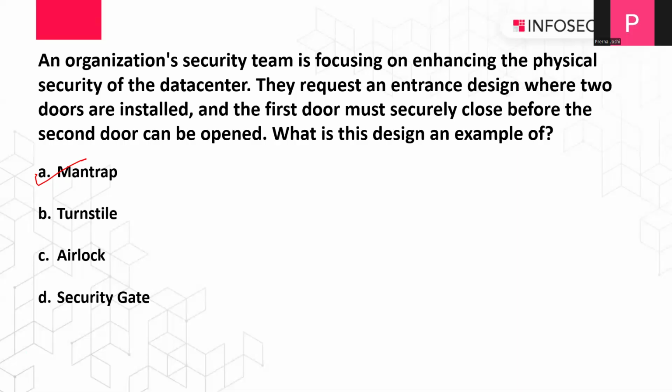A security gate controls vehicle or personnel access, but does not incorporate the two-door interlock design characteristic of a man trap. That's why the correct answer is A, man trap. With this, we have finished our questions. Thank you.